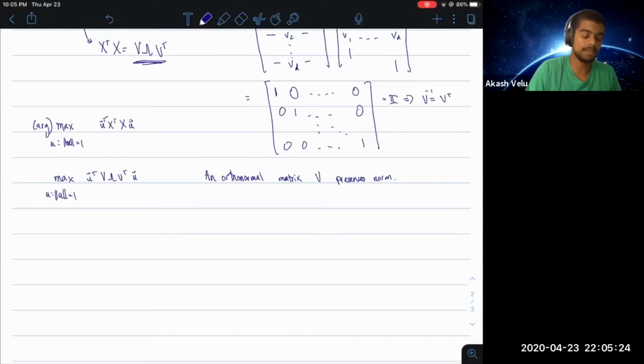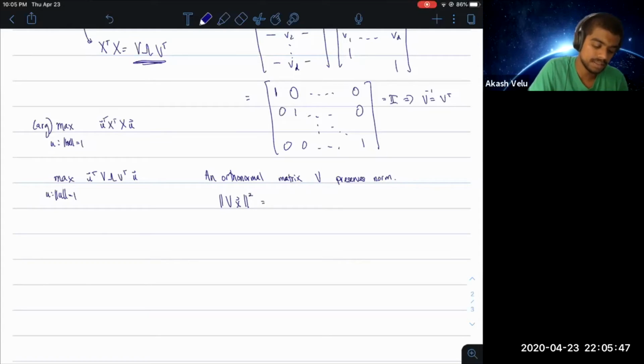Remember that we can think about a matrix V as a linear transformation on a vector. So if we look at V times some random vector X, well, V is going to do some sort of transformation to X, resulting in another vector. Now, if we look at the norm of this resulting vector, let's look at the norm squared instead.